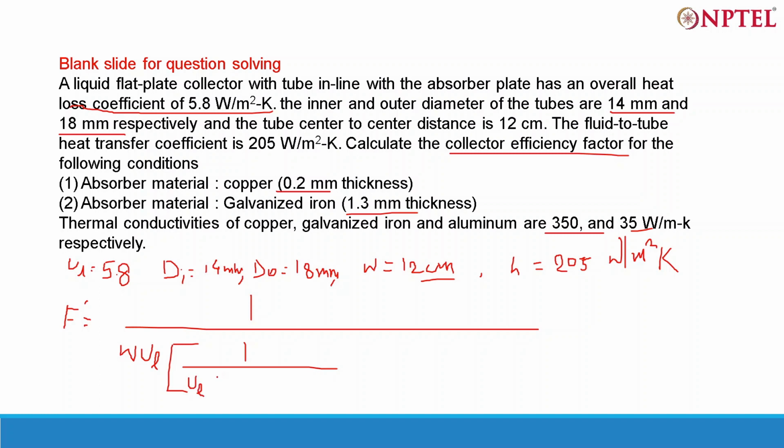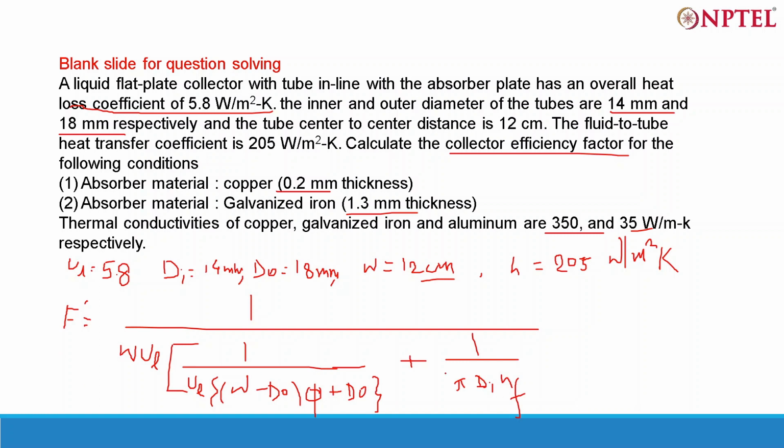F equals (1/U_L) divided by [W times (1/(U_L (d_o + (W minus d_o) phi))) plus 1/(C_b) plus 1/(pi d_i h_f)]. So you just have to remember this formula only, okay.